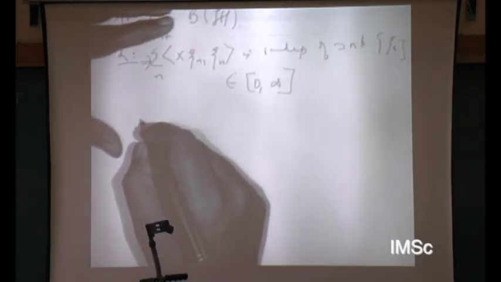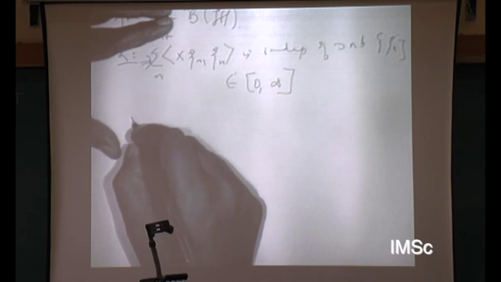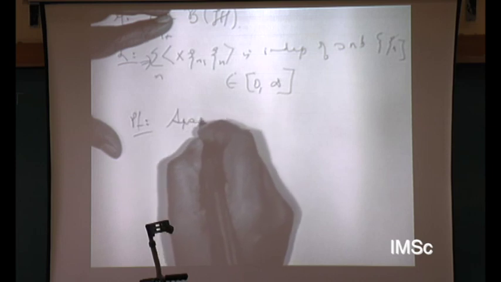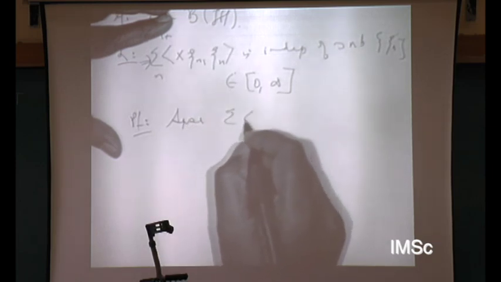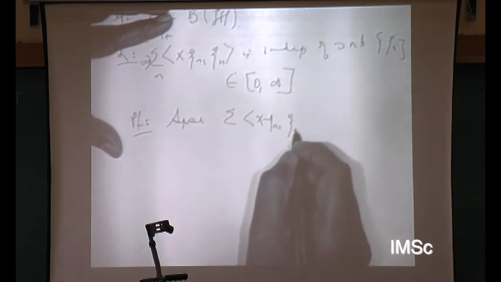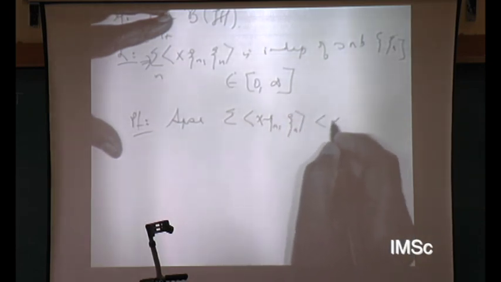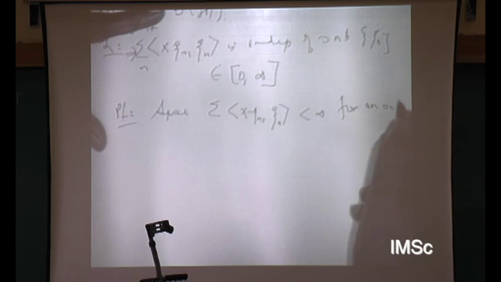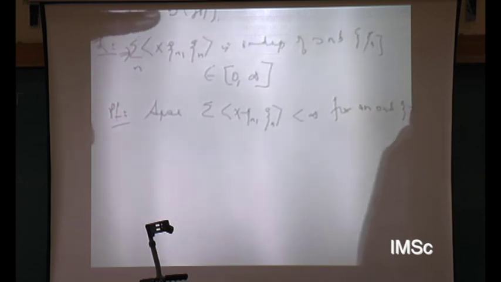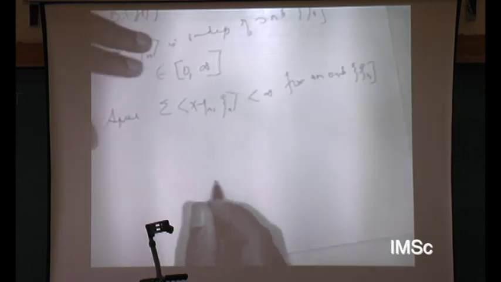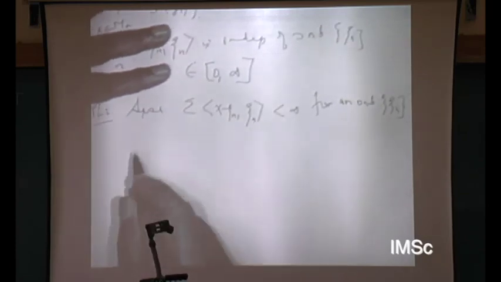So, proof. Suppose the summation of (x xi_n, xi_n) is finite for an orthonormal basis. So let's take any other orthonormal basis.